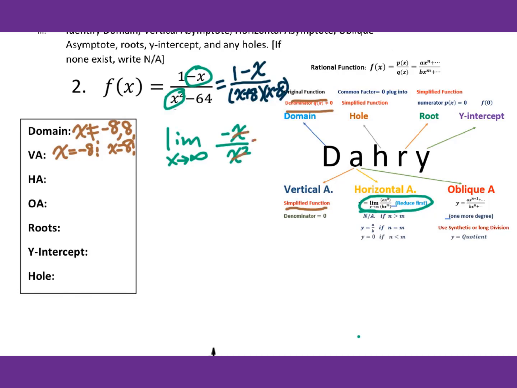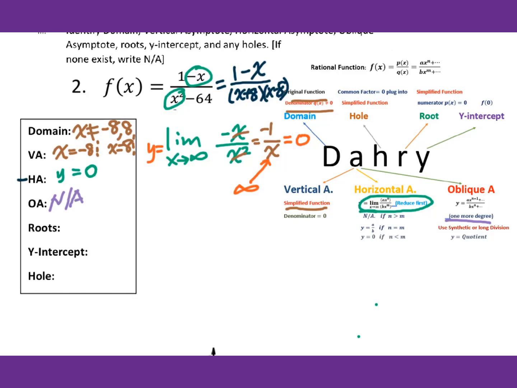Reduce, you will get -1 over x. Then you plug infinity to this x. Any number divided by infinity will be 0. Therefore, y equals 0 will be horizontal asymptote line.